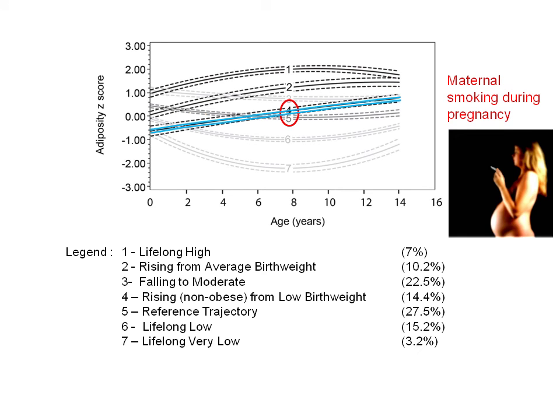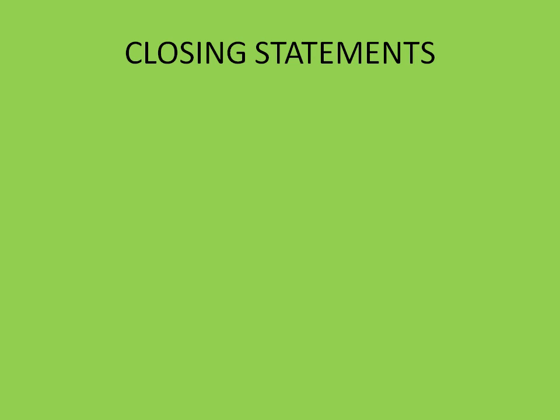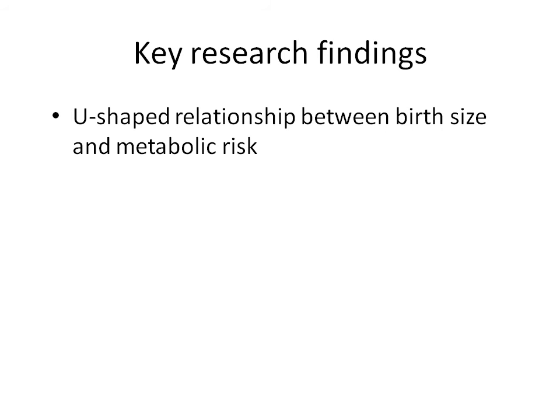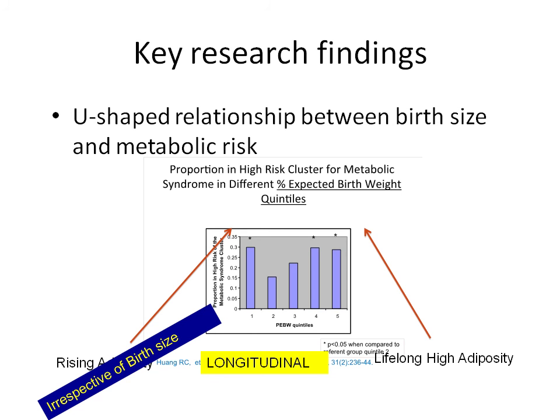So in closing, the key research findings from the RAIN study are that there was a U-shaped relationship between birth size and metabolic risk, and of particular note because this was seen in a Western population. And we could probably correlate the high and low birth size with the longitudinal growth trajectories related to chronic high adiposity, as well as rising postnatal adiposity, and this was irrespective of birth size.